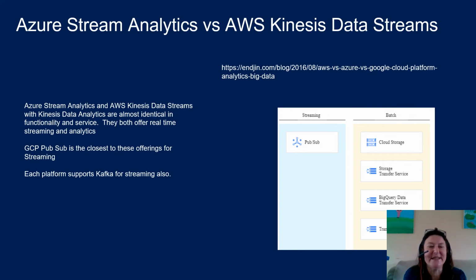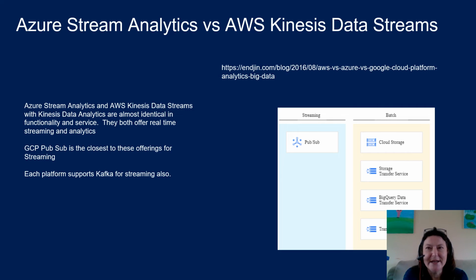The idea is to get data in as fast as possible, as real time as possible. So Azure does that via stream analytics. AWS does that via Kinesis Data Streams. And data analytics can sit behind Kinesis Data Streams to do some analytics based on the data streams.